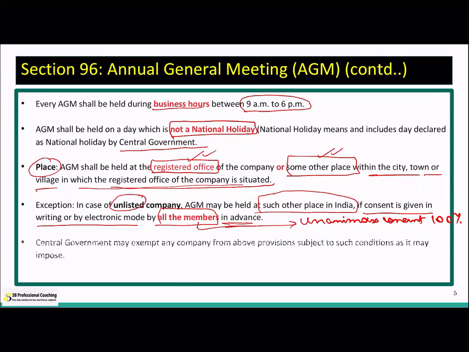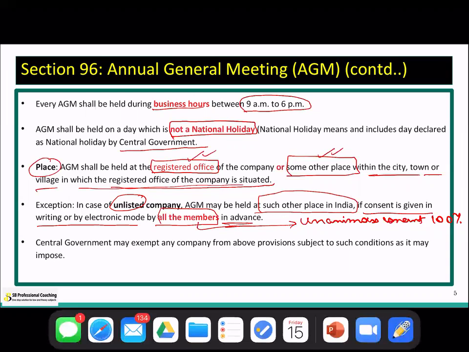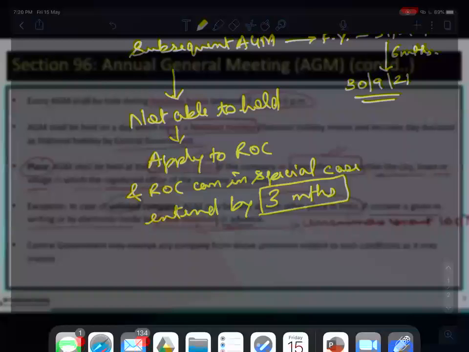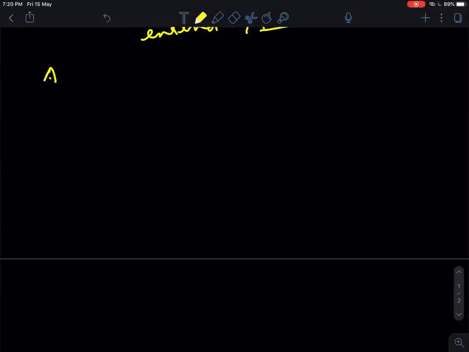And the last point over here says that the central government may exempt any company from the above provision subject to conditions as it may impose. Clear? So going back to illustrate the same thing, AGM shall be held during which hours?